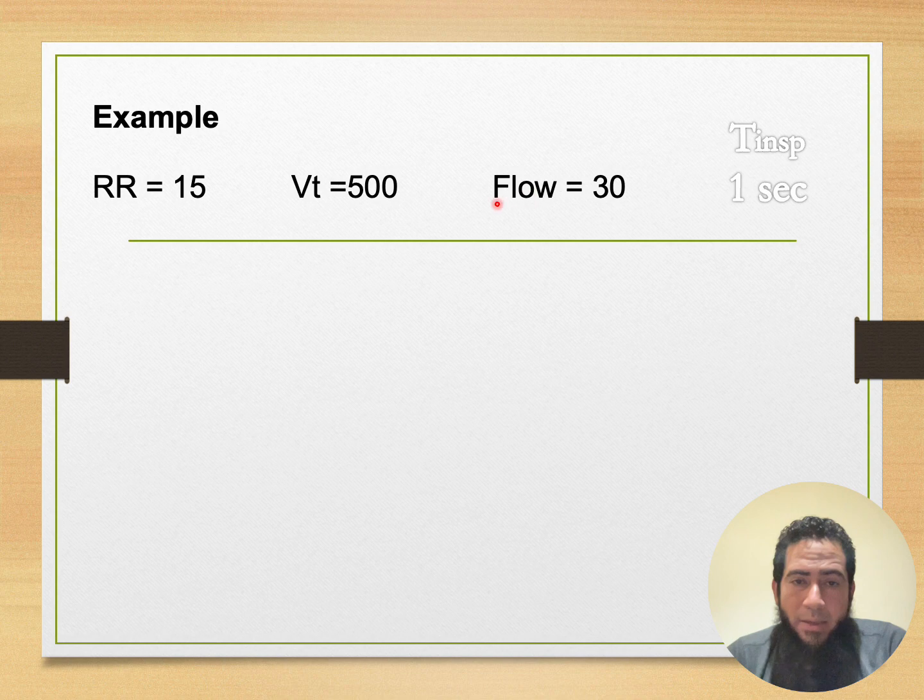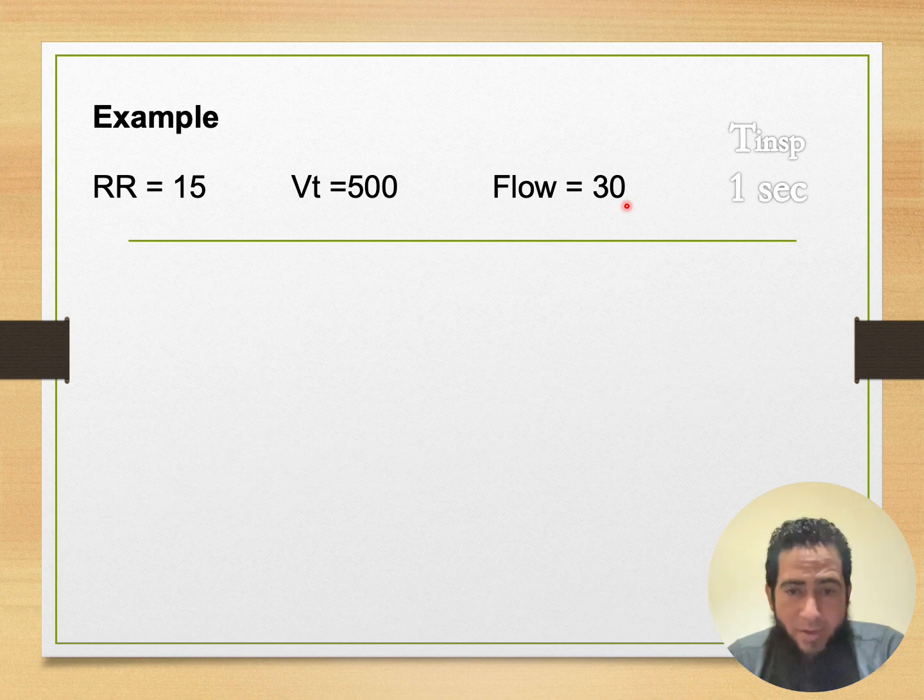And the flow velocity is 30 liters per minute. So if we divide it by 60, 30 liters in a minute, so half a liter will be in a second, just by dividing both by 60.